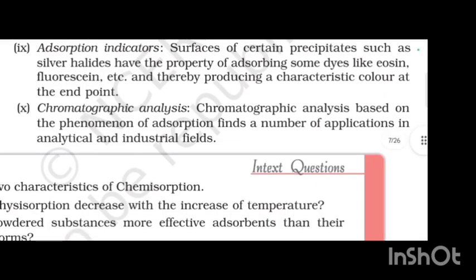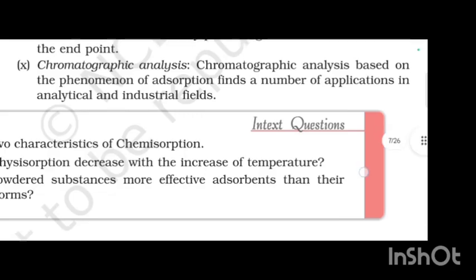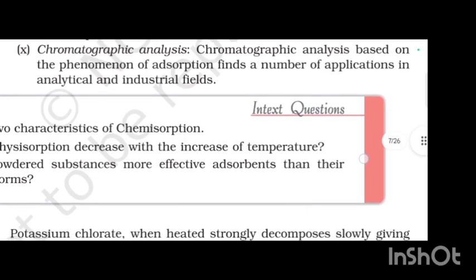Surfaces of certain precipitates, such as silver halides, have the property of adsorbing some dyes like eosin, fluorescein, etc., and thereby producing a characteristic color at the end point. Tenth, chromatographic analysis. Chromatographic analysis based on the phenomenon of adsorption finds a number of applications in analytical and industrial fields.